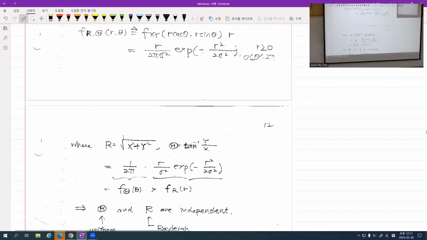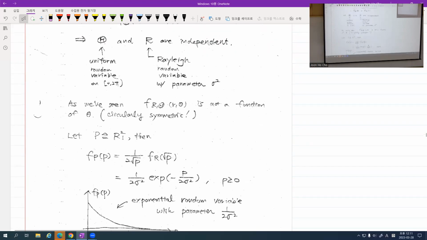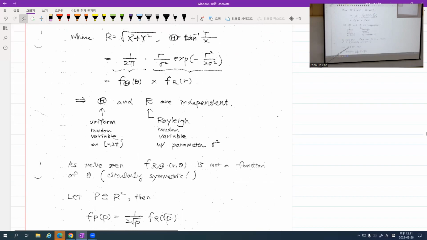So you could use this result in your quiz. By the way, here, let's define P as R squared, where R is the radius or distance from the origin when you have a Gaussian. So here, you plot a scatter plot. This is X and Y. You generate X comma Y, and here is X1 and Y1.